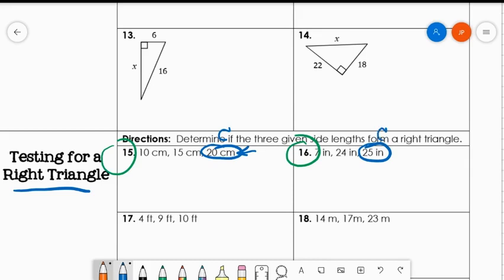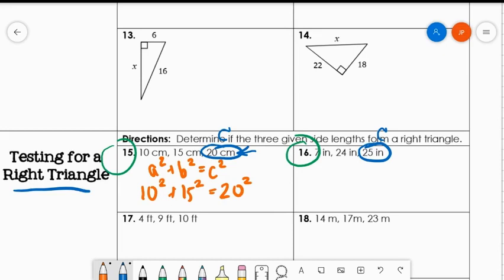So here's what this looks like. If I'm doing number 15, again, a squared plus b squared equals c squared. It's probably easiest to just go in the order that they gave you. So I'll make 10 a, I'll make 15 b, and I'll make 16 c. Now I'm going to do that math on both sides to see what I get. I'll square 10, I'll square 15.